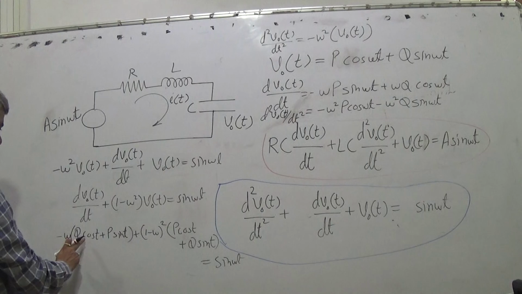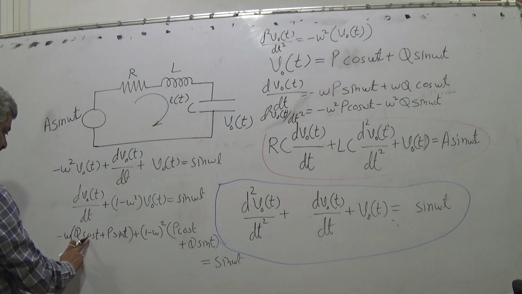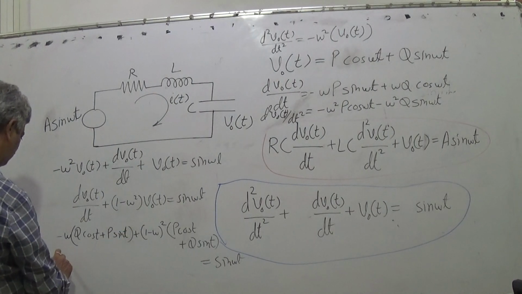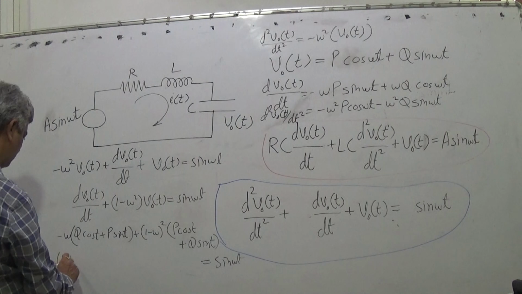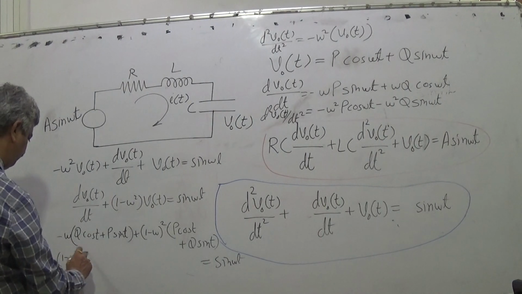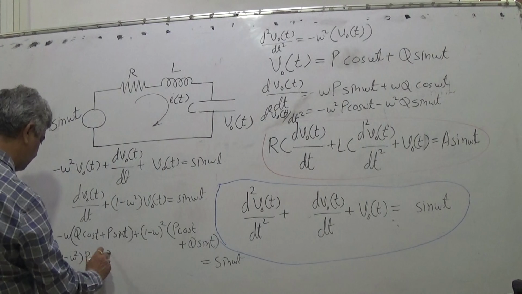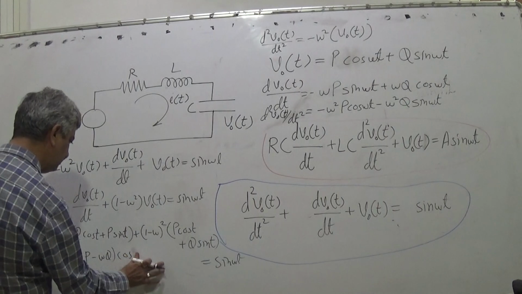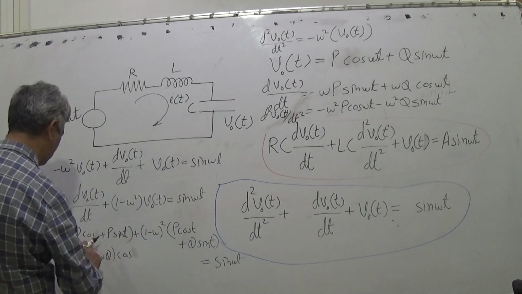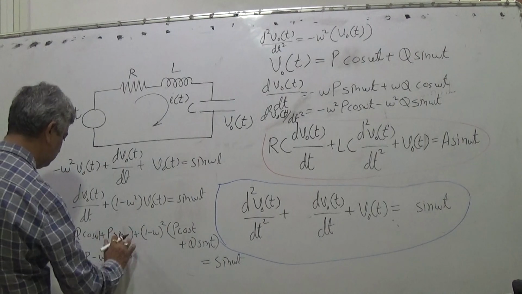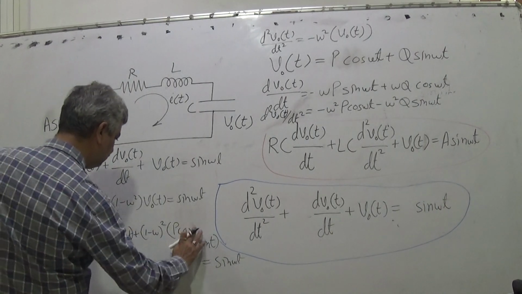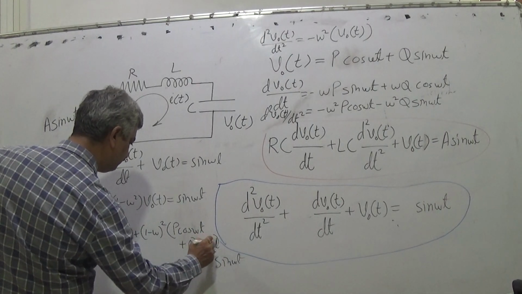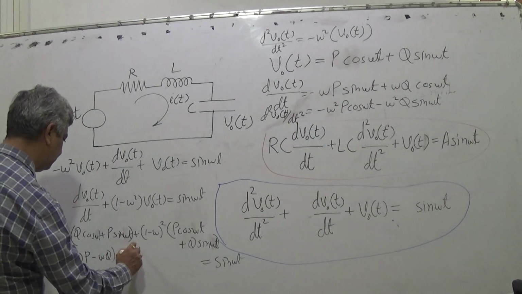So I get 1 minus omega square p minus omega q times cos omega t. I made a small mistake, everywhere it is omega, so omega should not be forgotten.